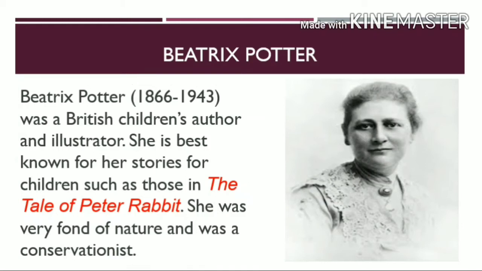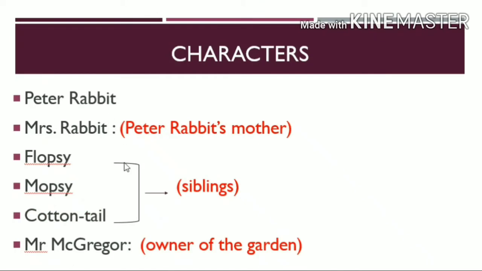Alright, before we start reading the story, let us know who the main characters of this story are. So, the main characters are Peter Rabbit. Peter Rabbit is the main character of this story. Next is Mrs. Rabbit. Mrs. Rabbit is Peter Rabbit's mother.